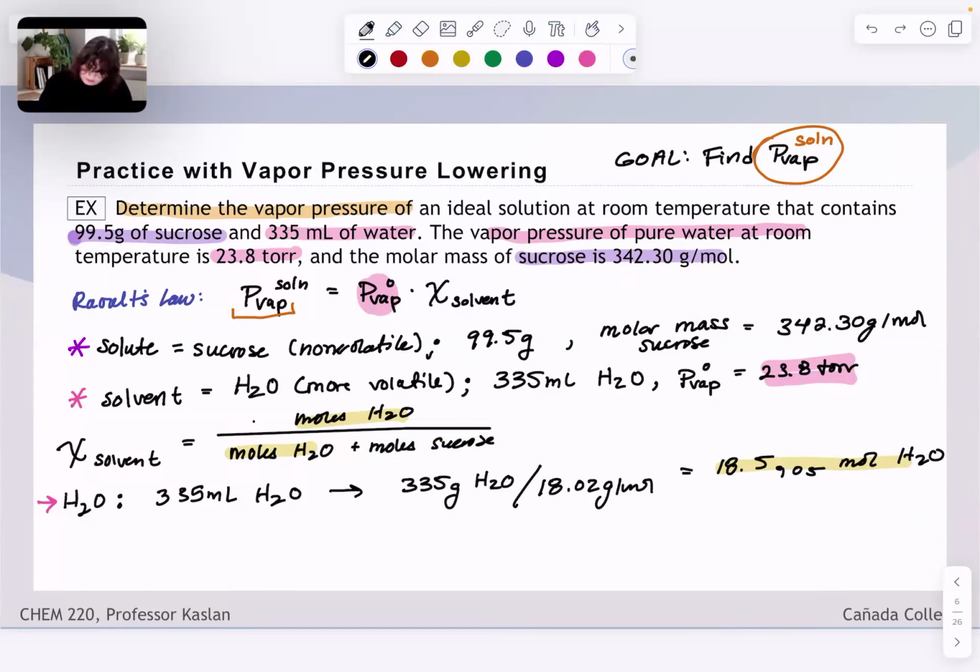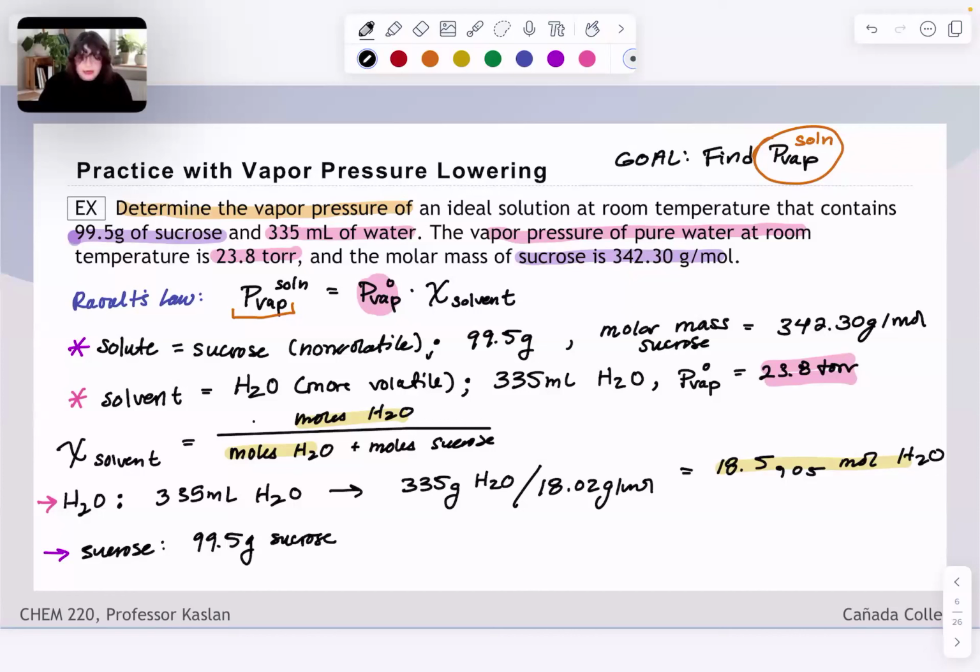Let's work on our sucrose mole calculation. So I've got how much sucrose? I was told that we've got 99.5 grams. And anytime we are trying to convert to a mole quantity from a mass quantity, we will utilize our molar mass.